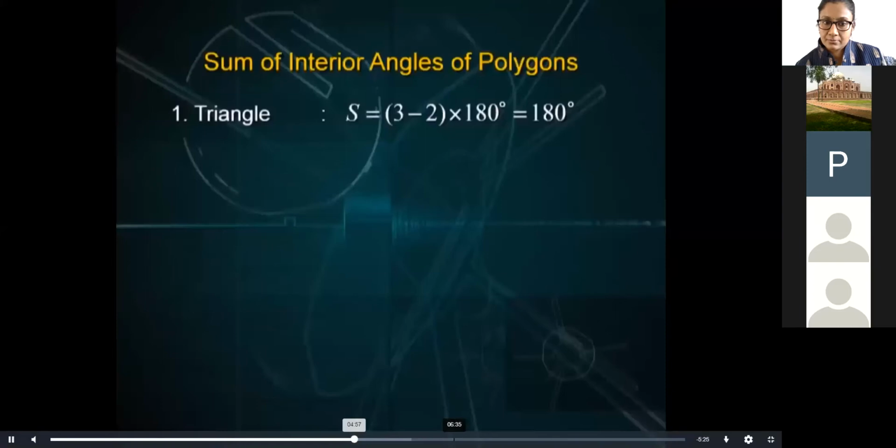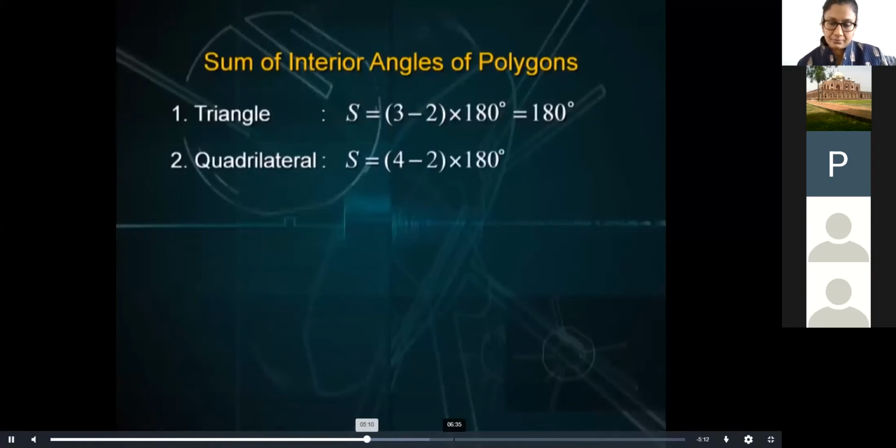So, in case of a quadrilateral, as we have two triangles here, the sum can be expressed as 4 minus 2 into 180 degrees. Here 4 is the number of sides of a quadrilateral, and this gives us 360 degrees.